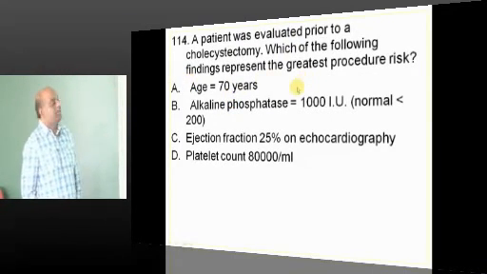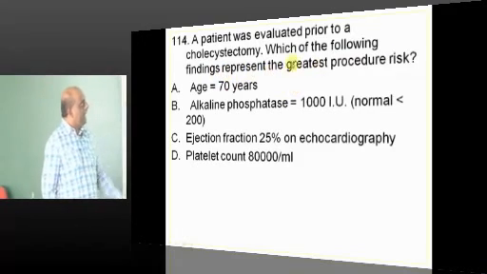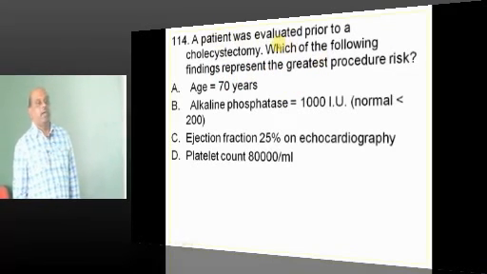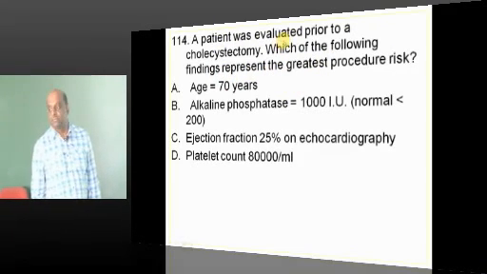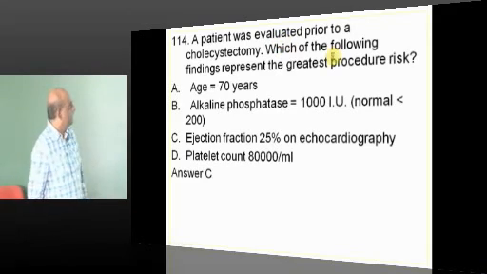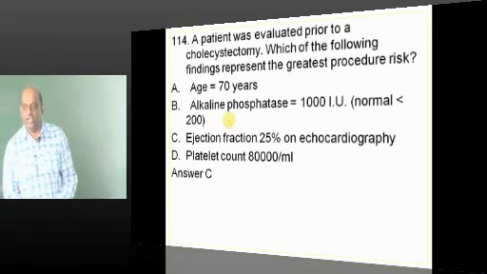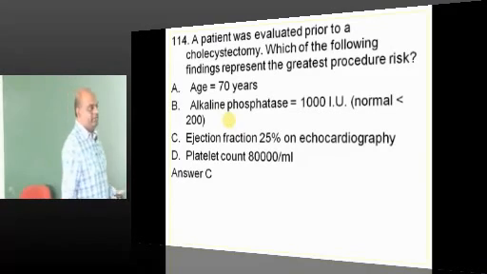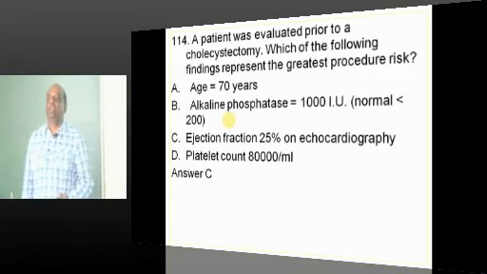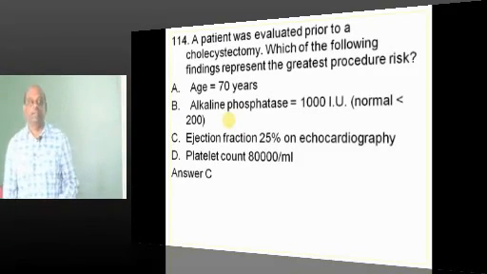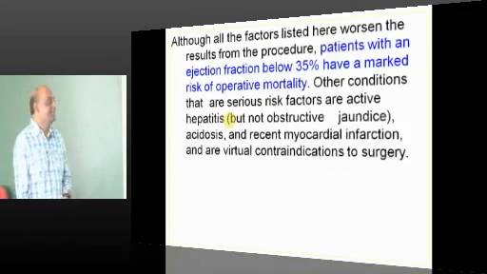Which finding represents the greatest procedural risk if you are evaluating for cholecystectomy? If the ejection fraction is 25%, if you put him on the OT table, that's the best way, a silent way to anesthetize and kill the patient.